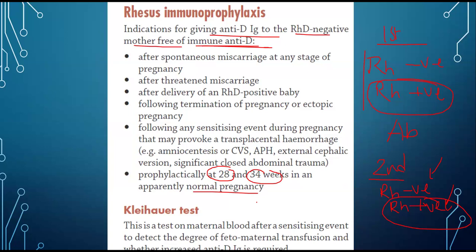Not only prophylactically at 28 and 34 weeks, when there is a risk of fetal-maternal blood transfusion, you would need to give this anti-D as well. So after any spontaneous miscarriage, after threatened miscarriage, after delivery of an RH positive baby, following termination or ectopic pregnancy, any other sensitizing event like amniocentesis, chorionic villus sampling, placenta previa, abruption of placenta, okay, any of these times, you need to give anti-D to the mother as well.